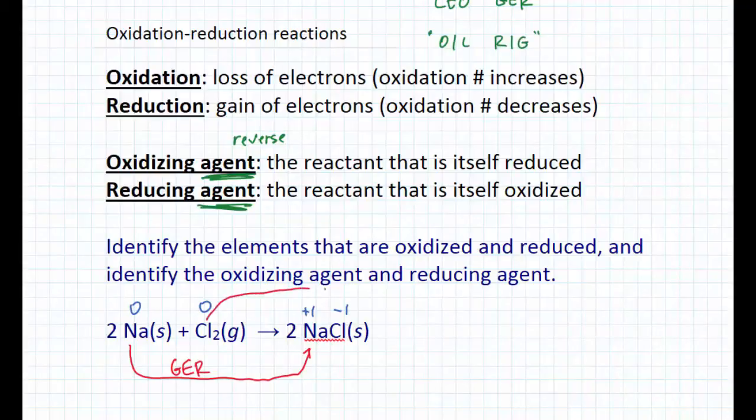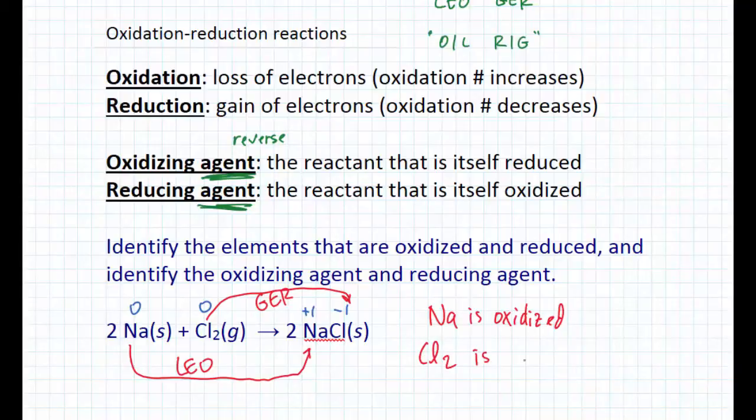Did that chlorine? No, that didn't gain an electron. Yeah, that's Leo. Did this chlorine gain or lose an electron? It went from 0 to -1. So sodium is oxidized. Cl2 is reduced.